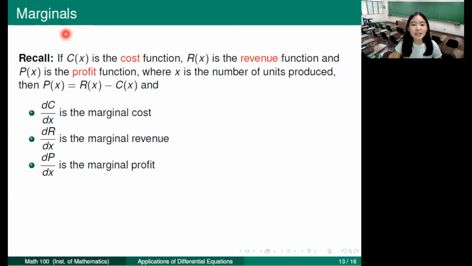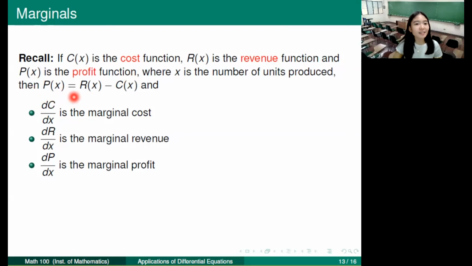So if C of X is our cost function here, R of X is the revenue function, and P of X is the profit function, where yung mga X natin dito, yung mga independent variables natin, denote the number of units produced. Okay? Then, yung relationship ng tatlong functions na ito is given by this equation.